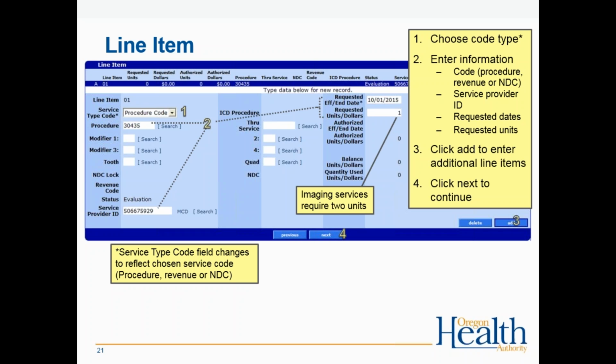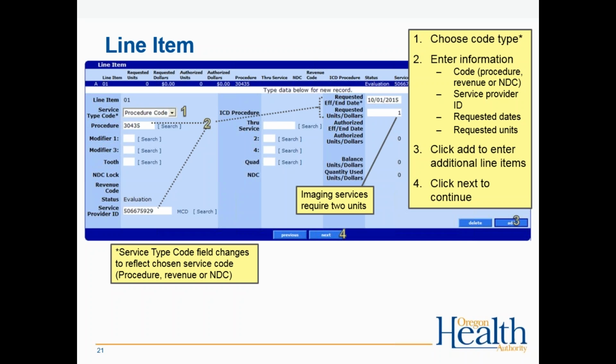Your second step is to enter information. So you'll enter whichever code, procedure, revenue, or NDC, based upon your service type code. You do need to enter the service provider ID, the requested effective and end date, and the requested units.